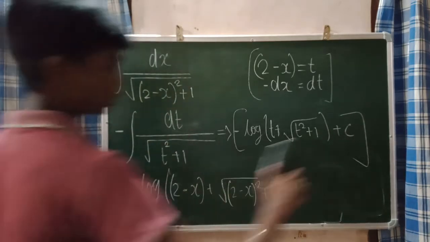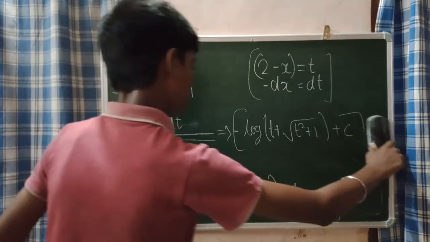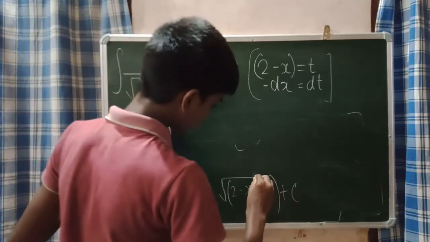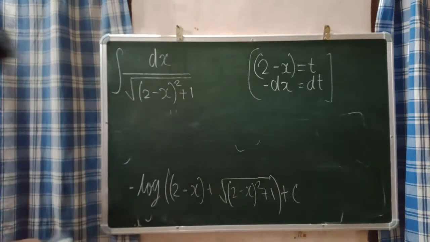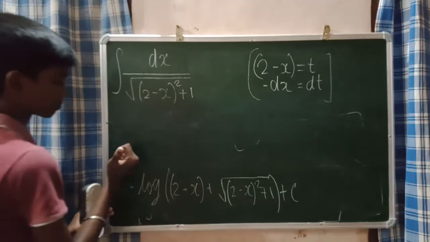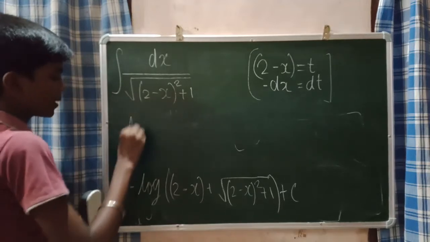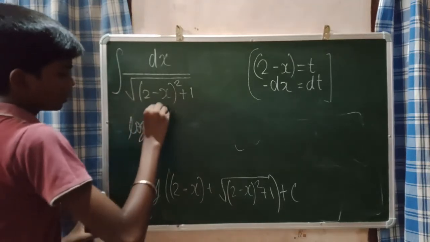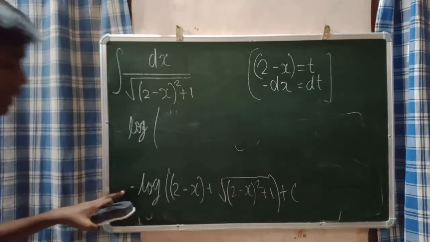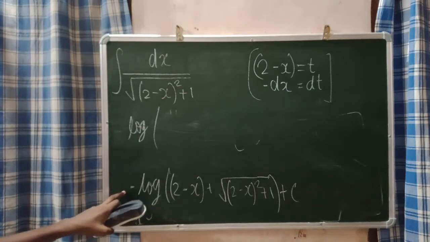Now you're supposed to simplify this expression. I have minus of log of something, and minus of log of something is log of 1 by something. That something is 2 minus x plus the square root of (2 minus x) whole square plus 1.